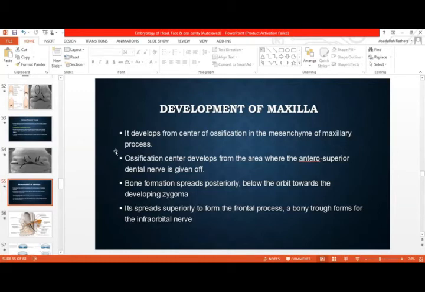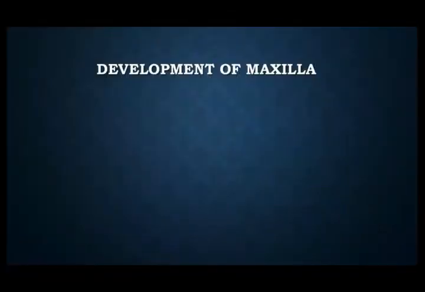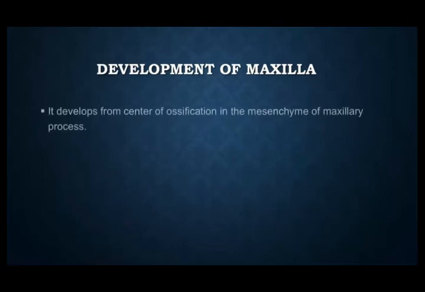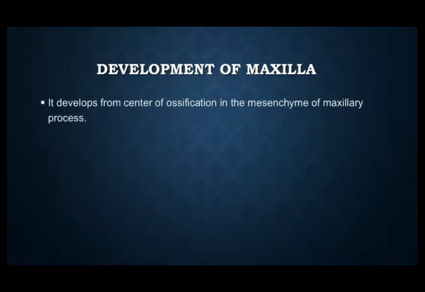So now coming to the development of maxilla, this, the development of face and also the development of maxilla, is occurring during about 28 to 35 days of development of the embryonic life.